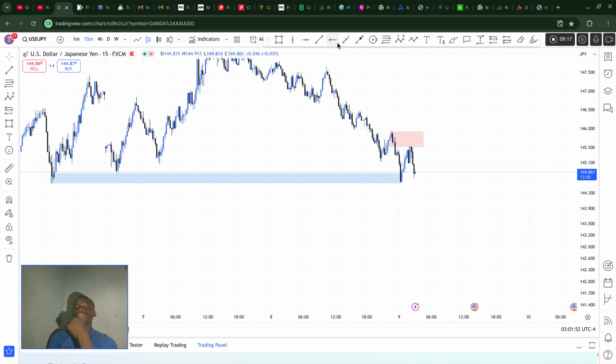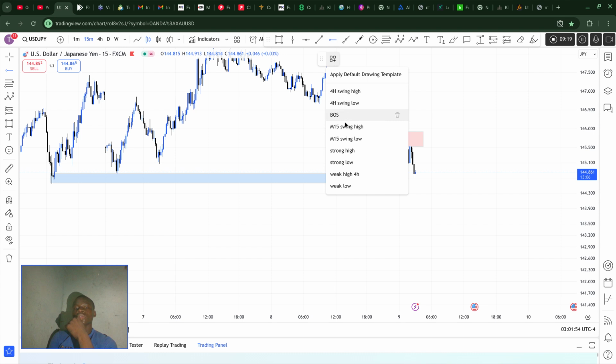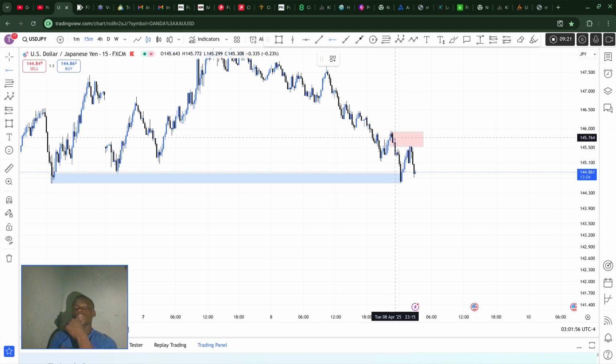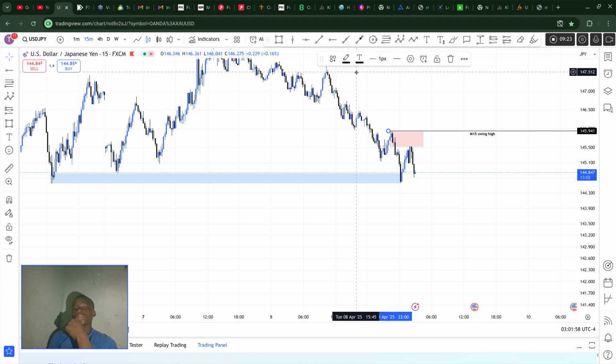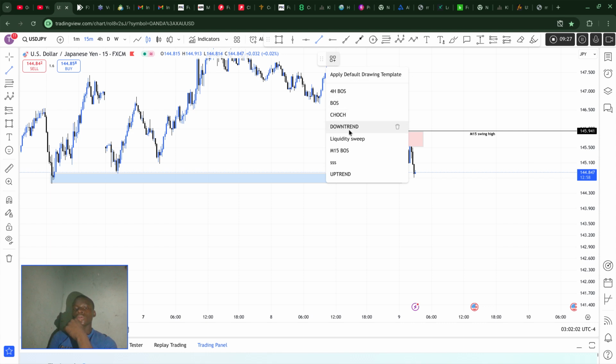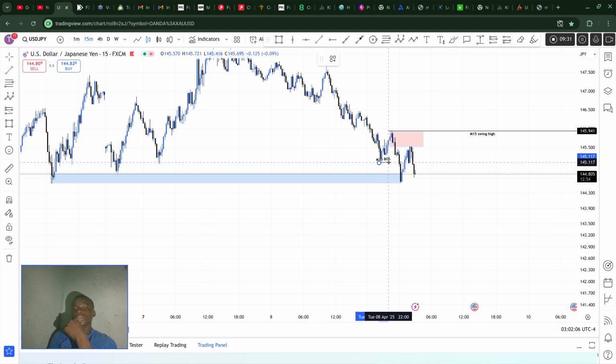So these are concerning swing high, swing low. Okay, 15 microstructure, then swing low.